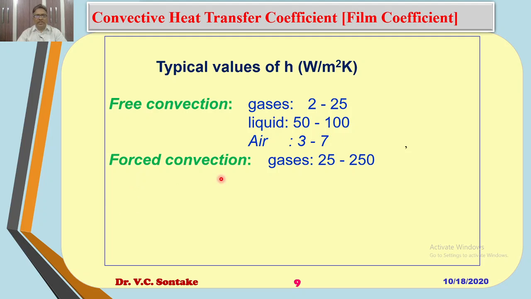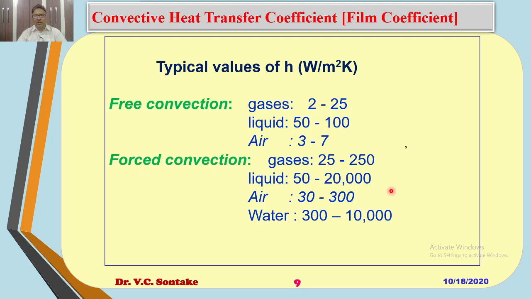Similarly, in forced convection, gases will have h ranging from 25 to 250 watt per meter square Kelvin, liquid 50 to 20,000, air 30 to 300 watt per meter square Kelvin, and water from 300 to 10,000 watt per meter square Kelvin. As we can see here, the value of h is higher for forced convection as compared to free convection, and oil 60 to 3,000.